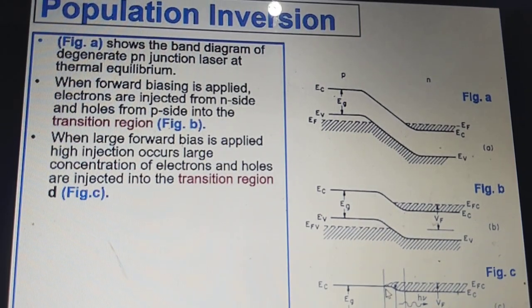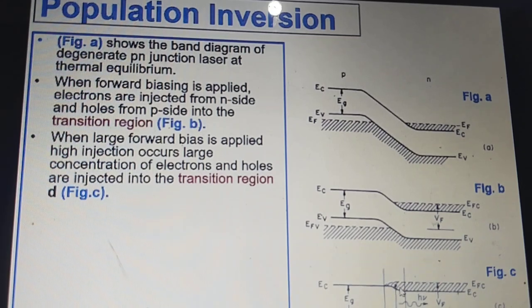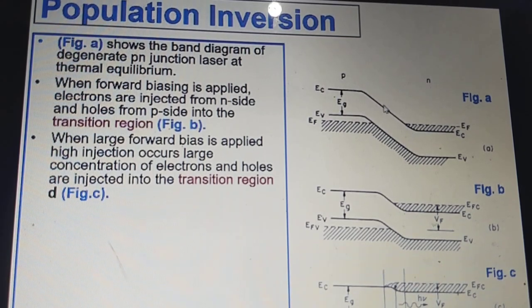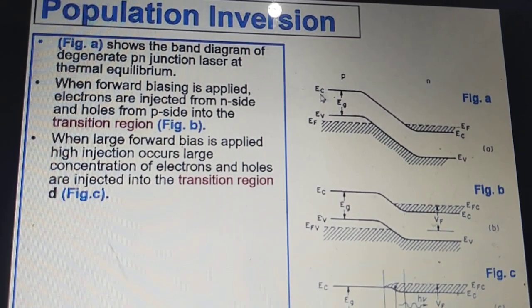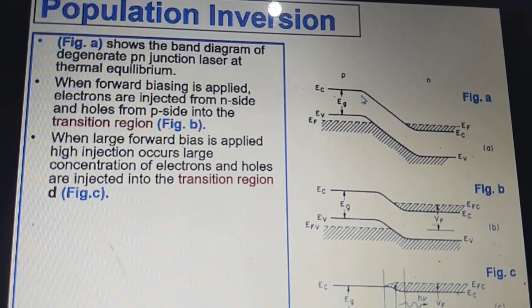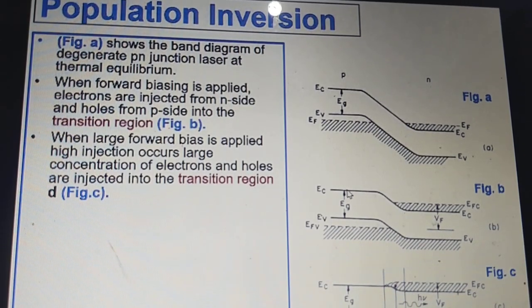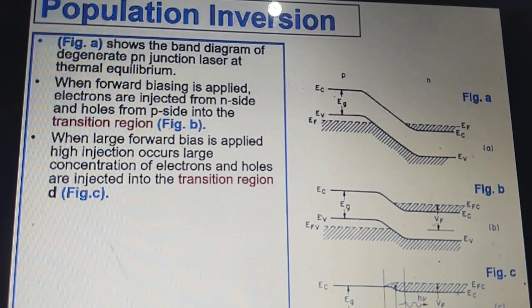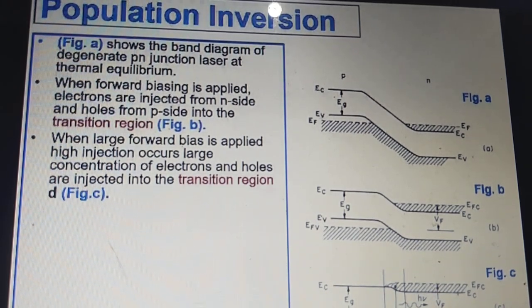See here, it has gone above the EC level also. First it was much below the lowest EC level. When you applied forward bias, this kept on reducing, and a stage came when this is even higher than the conduction band here and higher than the valence band on the other side.